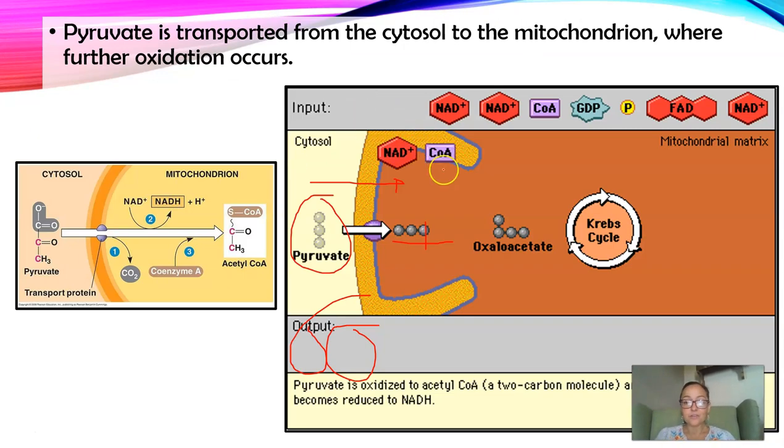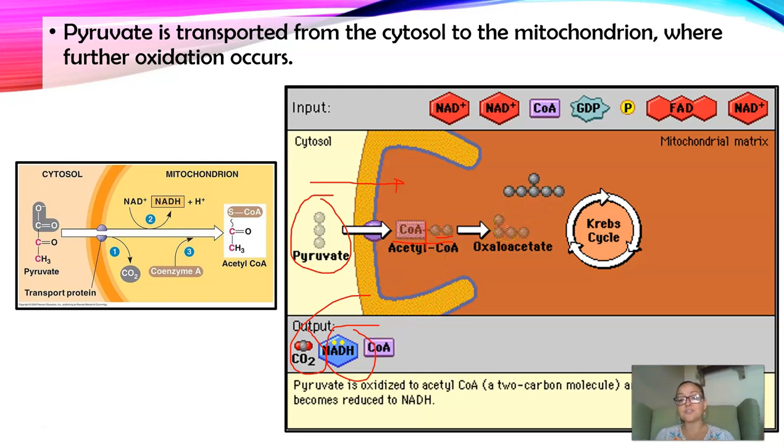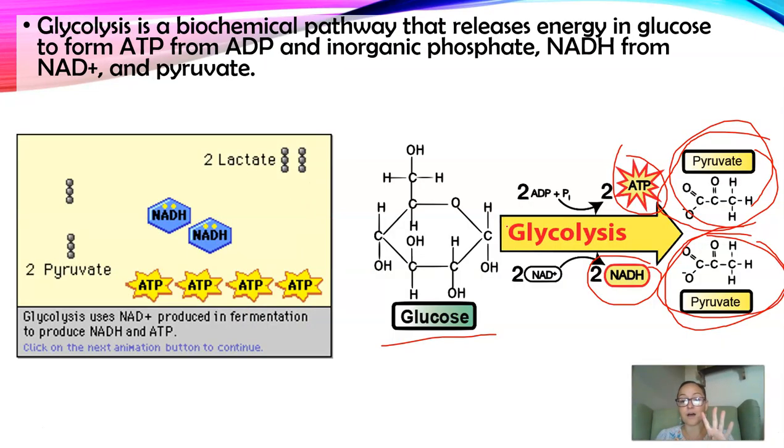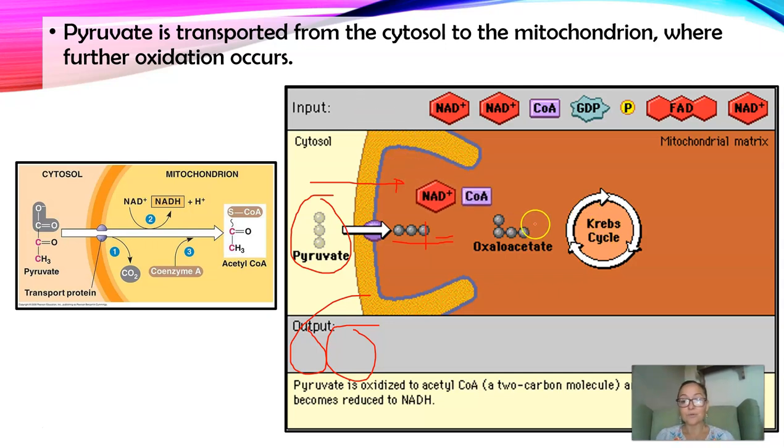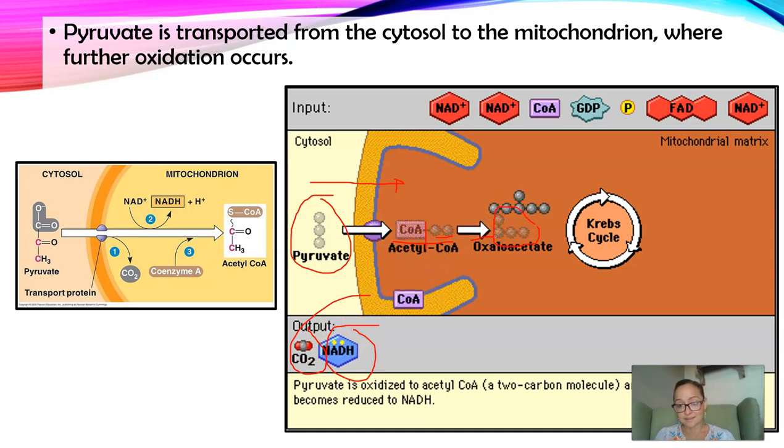And then we will have our 2-carbon acetyl, which are these 2 gray right here, attach to coenzyme A. Coenzyme A will help it attach to a 4-carbon molecule called oxaloacetate. So this 4-carbon oxaloacetate will join with acetyl-CoA, forming citric acid.